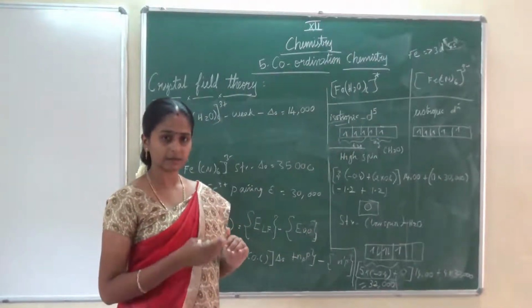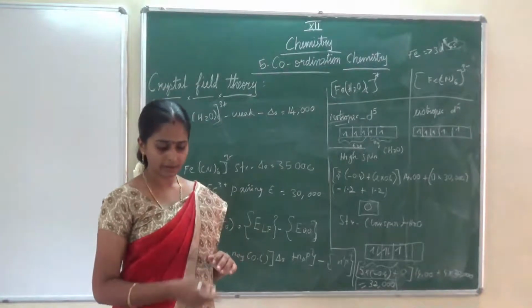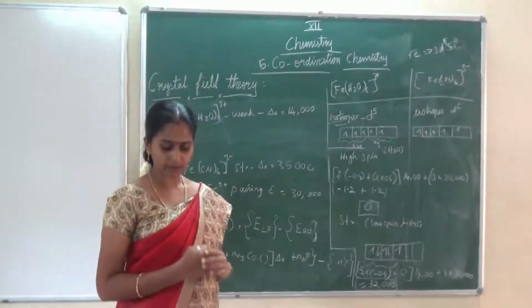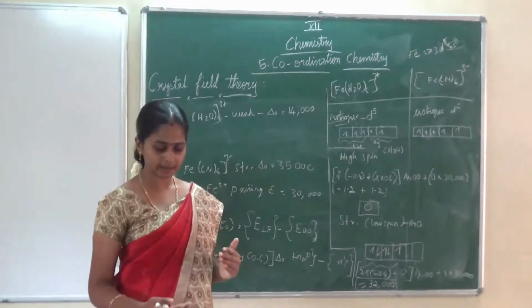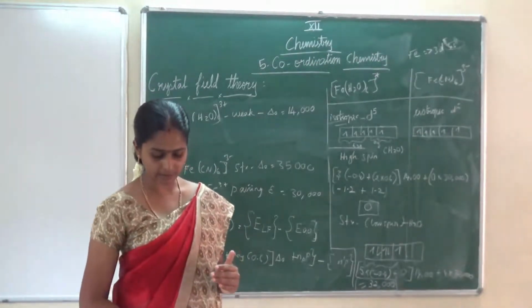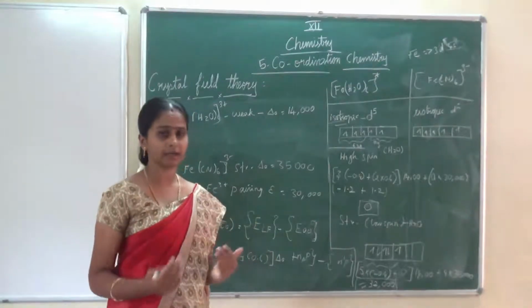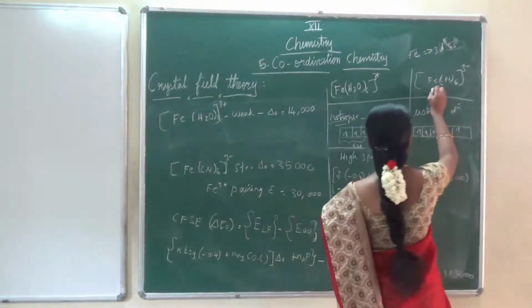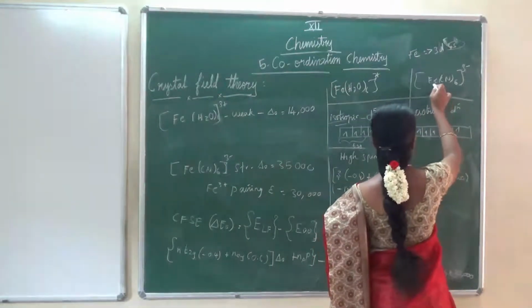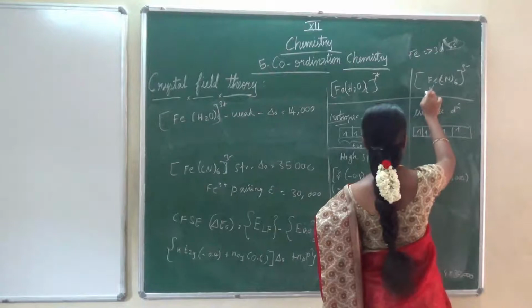It is already worked out in your book, on page 158. One answer we are getting is 0 and another answer is minus 10,000. When we consider this Fe(CN)6 as a high spin complex, we get 0.